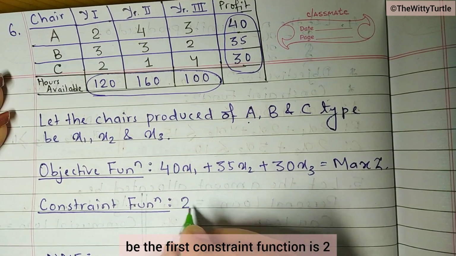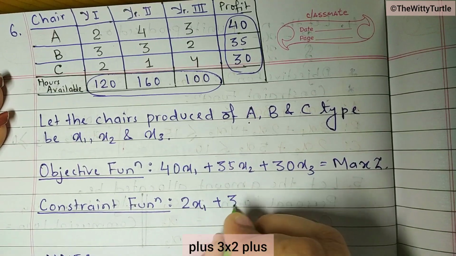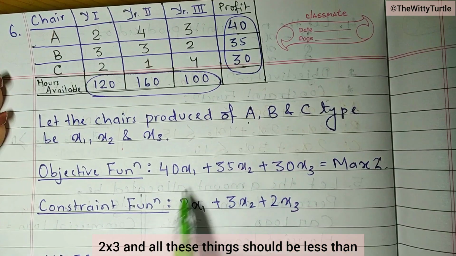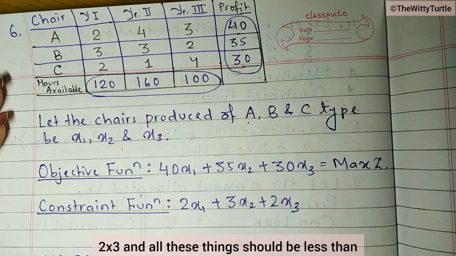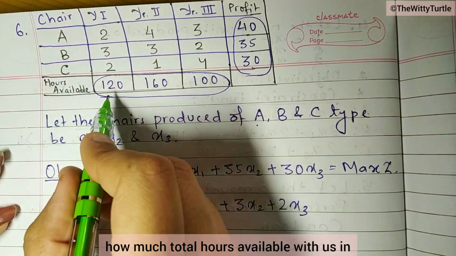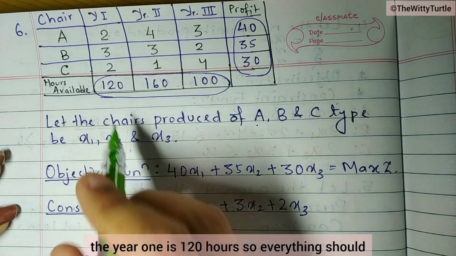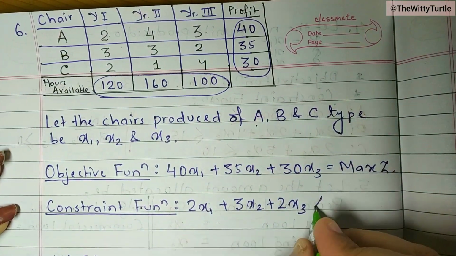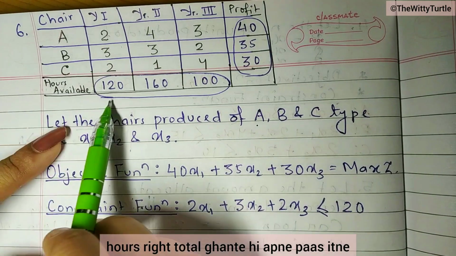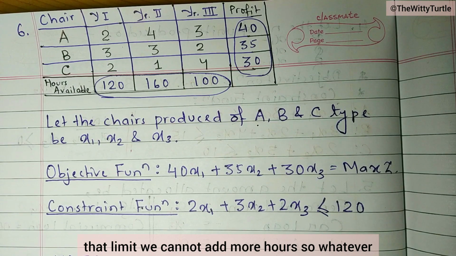So the first constraint function is 2x1 plus 3x2 plus 2x3, and all these things should be less than or equal to 120 hours, because the total hours available with us in year 1 is 120 hours. So everything should be less than 120 hours, right? The total hours we have are only this much, so we cannot exceed that limit. We cannot add more hours.